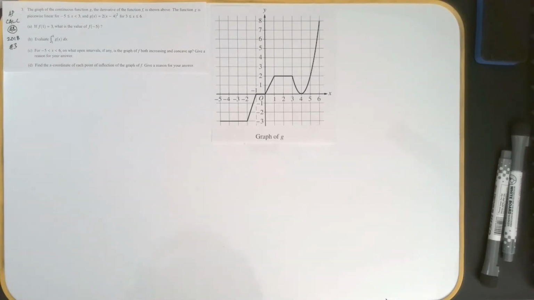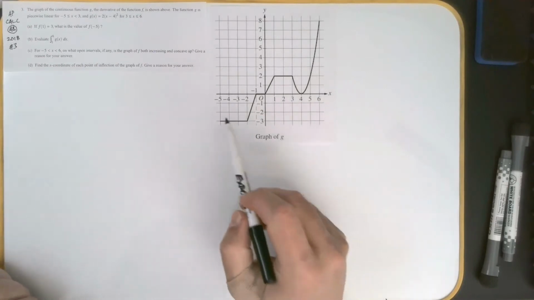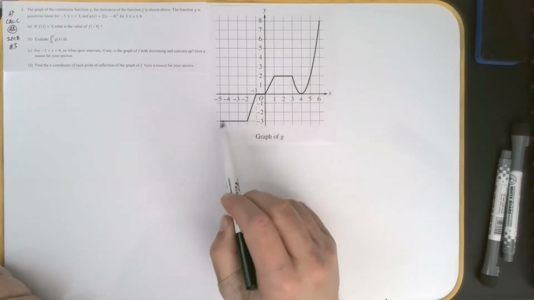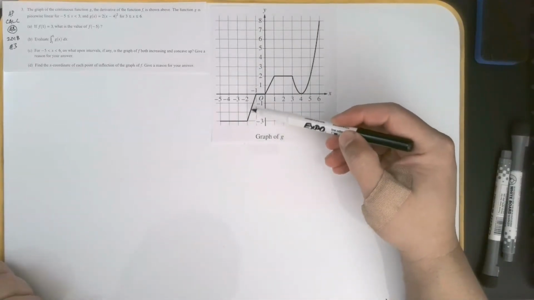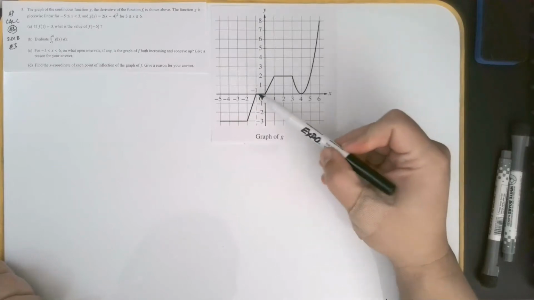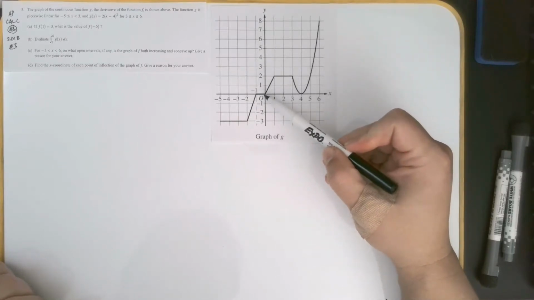Okay, well let's take a look here and see what that tells us right away. So according to the problem here, we're going from -5 to 2. It's pretty clear that's just a linear function, y equals -3. Then we have this linear function here that's got a positive slope. Then we are once again just a horizontal line at y equals 0.